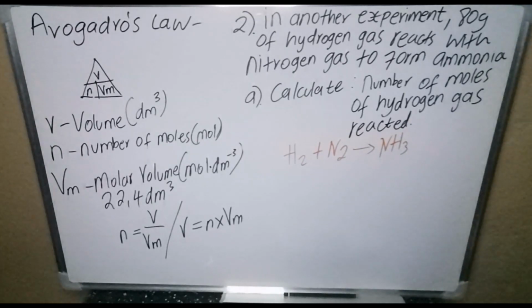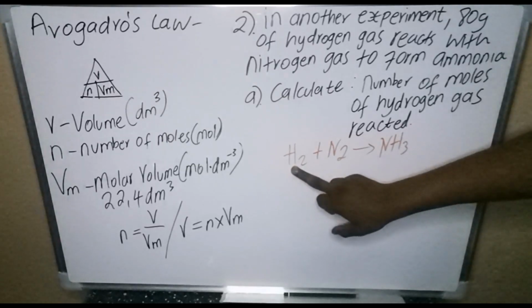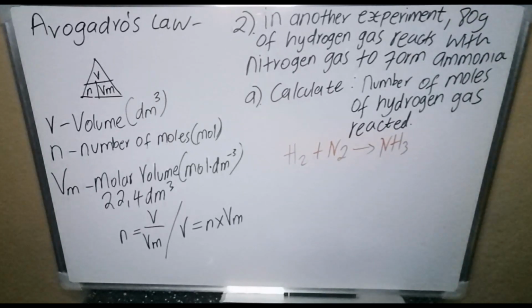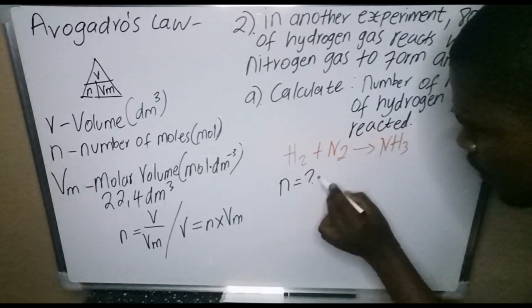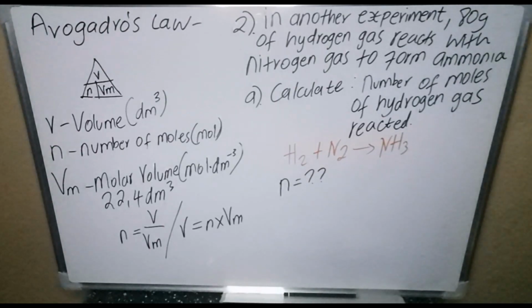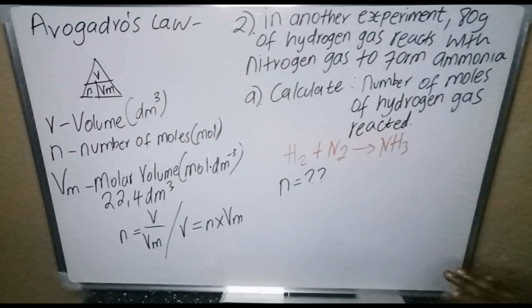Now, the first question is to calculate the number of moles of hydrogen gas reacted. Very simple and clear. You must focus only on hydrogen gas, H2 only. Now, about the number of moles, you cannot use Avogadro's law because we don't have the volume here.